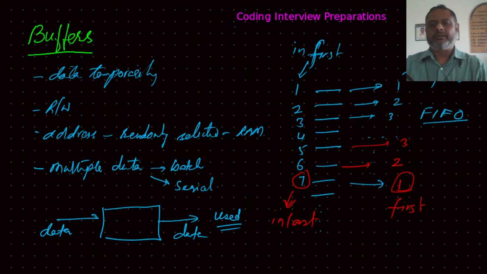So in is last and out is first. So we can say last in, first out, or the first one which went in is coming out at the last. So you can also call it first in, last out.